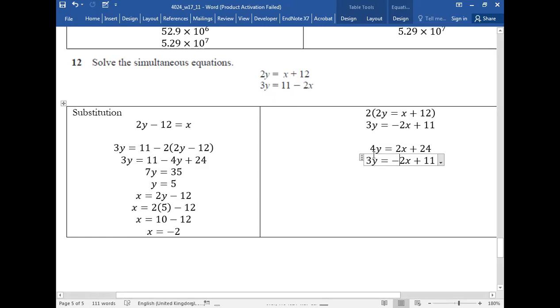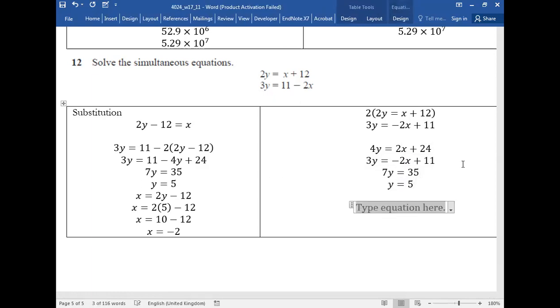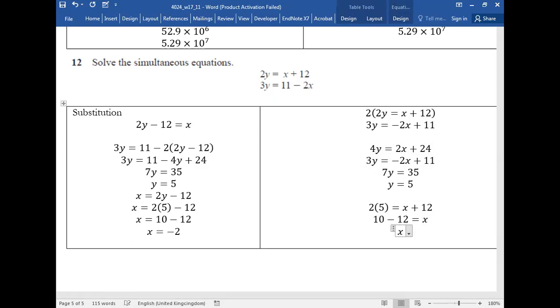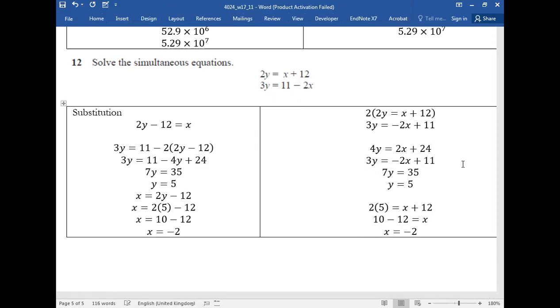When I add two equations, the left side adds with the left side and the right side adds with the right side. The left side पे I get 7y. X और x cancel हो गया. 24 plus 11 becomes 35. Y is 5. किसी भी एक में डालते हैं. 2 into 5 is x plus 12. 10 minus 12 is x. X is negative 2. So understand both methods.